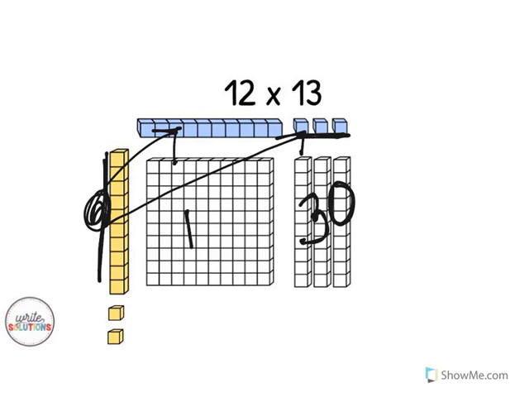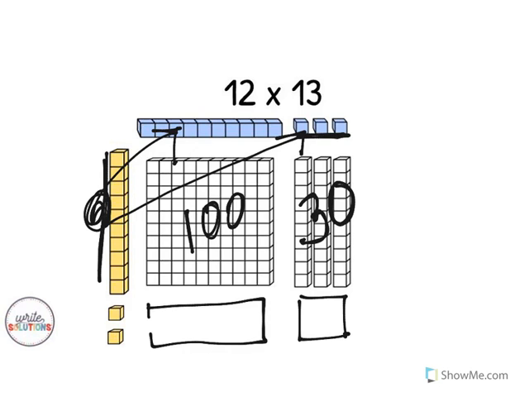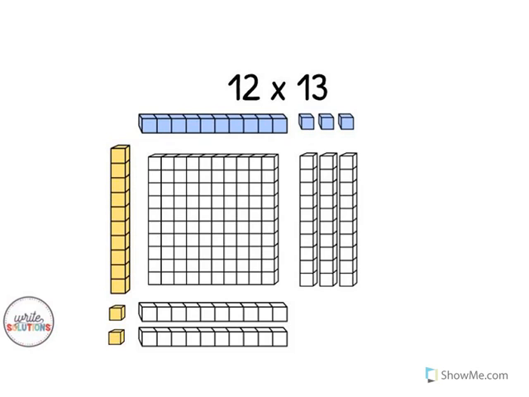So far, we have two partial products, 100 and also 30. We're not there yet. We still have two partial products left to find. Next, we'll be distributing this 2 from the 12 to this 10 from the 13.